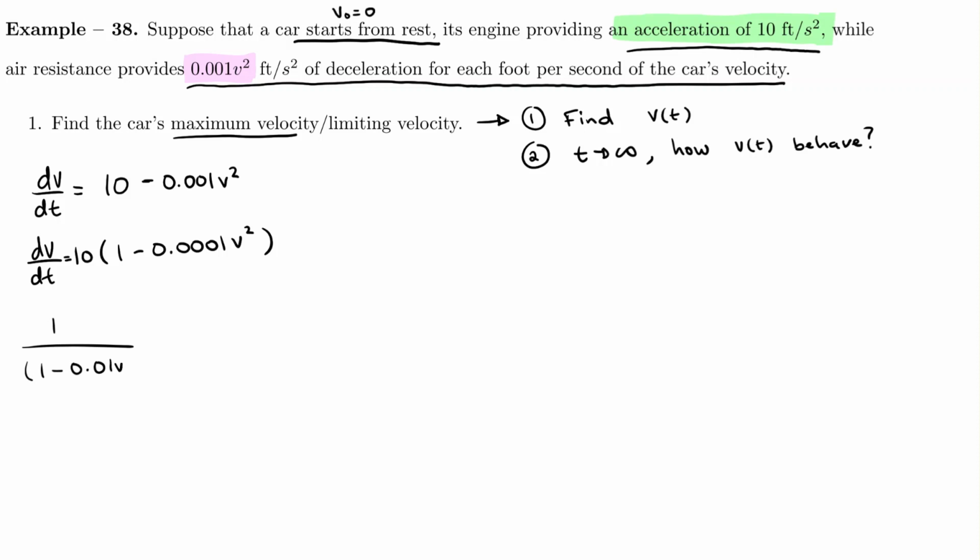And I'm going to just rewrite it as the difference of perfect squares while we're at it. Let's integrate both sides with respect to t. And then off to the sides, we'll do our partial fraction decomposition.